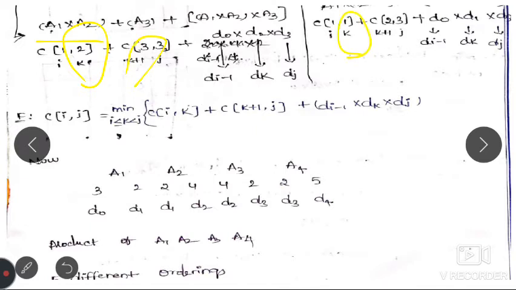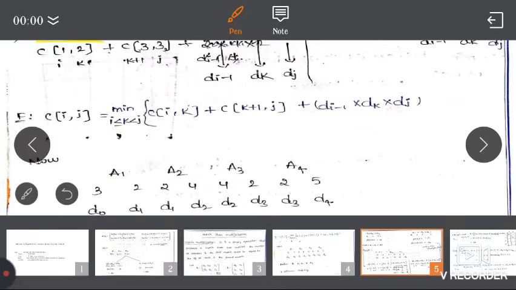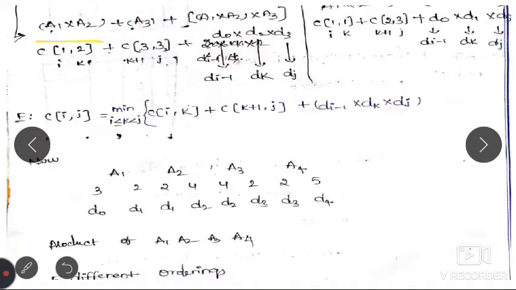So here K equal to 1, K plus 1 is 2. There are different K values. Here D0 is Di minus 1 and D3 is Dj. Here also D0 is Di minus 1 and D3 is Dj. Here the K value is 1, so this is Dk, and here the K value is 2, this is Dk.